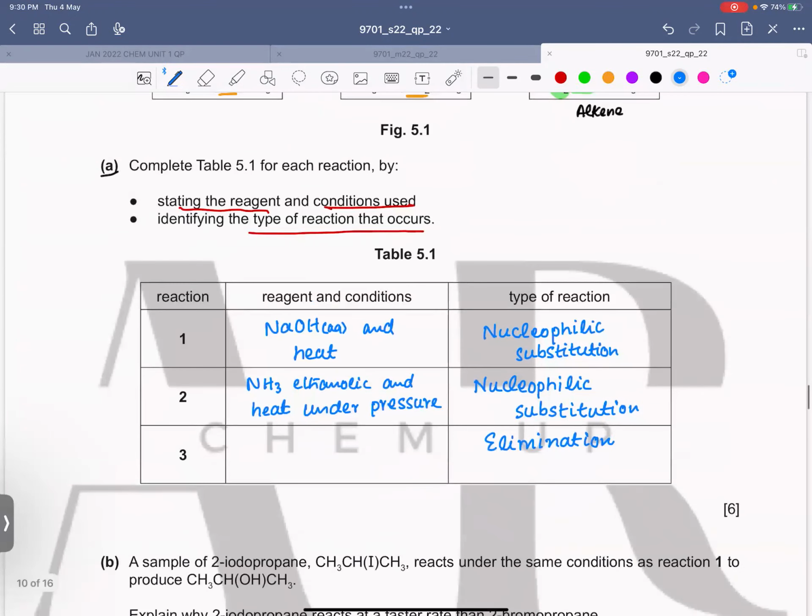And for the third one, sodium hydroxide, ethanolic, and heat under pressure. Sorry, here just heat or reflux. Is this clear to everyone?